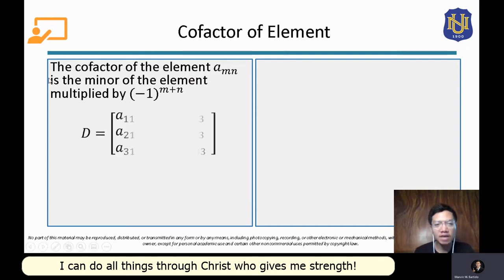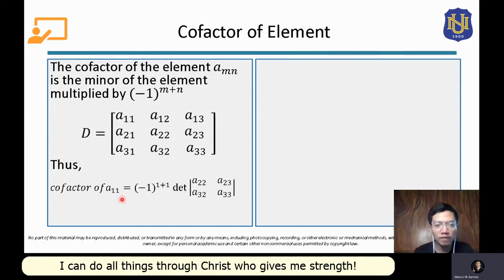So let's say for this matrix, these are the corresponding elements for this matrix D. If you are going to solve for the cofactor of A11, the element in the first row and first column, we first have to solve for its minor.